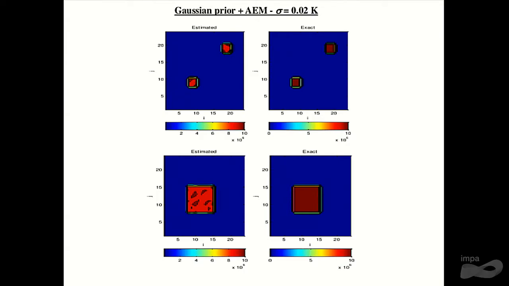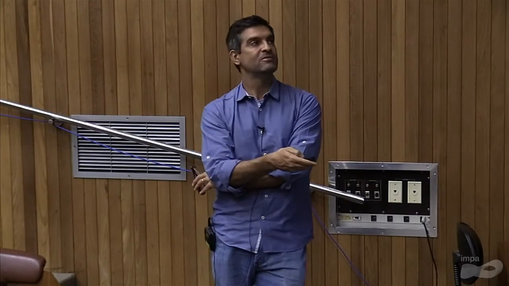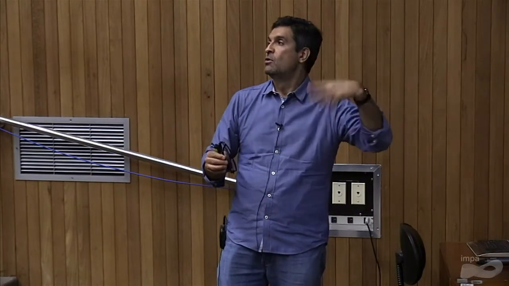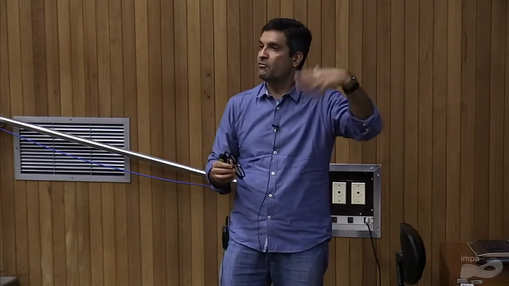These are the Gaussian prior plus the approximation error model. We get this very nice solution. And this is much faster than we could have with the complete model, because the complete model takes more than 7 seconds and this one takes 0.1 second. But of course, we have to do this offline Monte Carlo to compute the statistics of the approximation error.